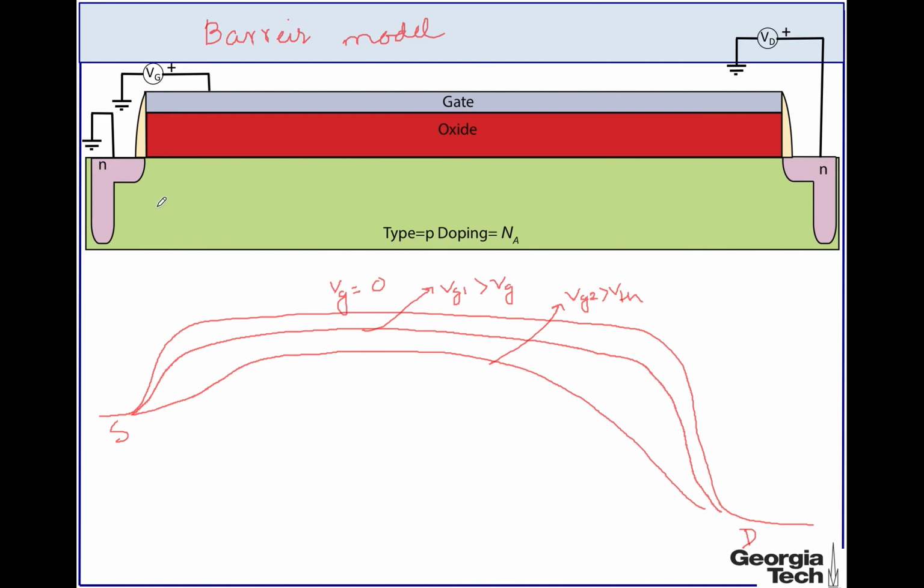So essentially what the barrier model tells is that by using the gate voltage, we can change the barrier for the charge carriers to flow from the source and drain, and as a result, by changing the gate voltage, we can control the current that flows through the channel between the drain and source.